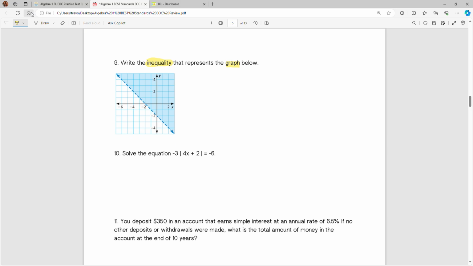So our inequality, I'm going to think of like an equation first, like y equals mx plus b.